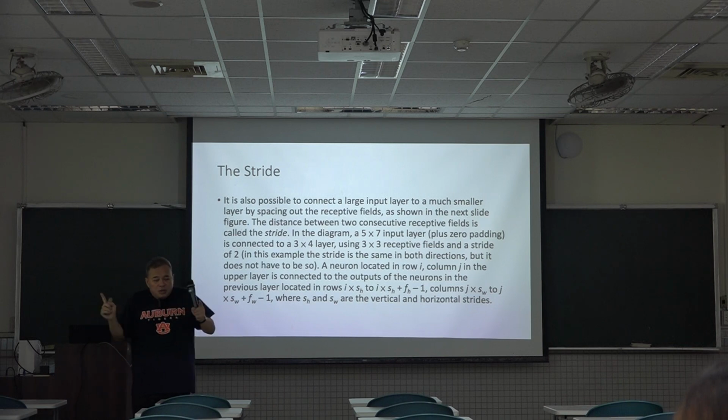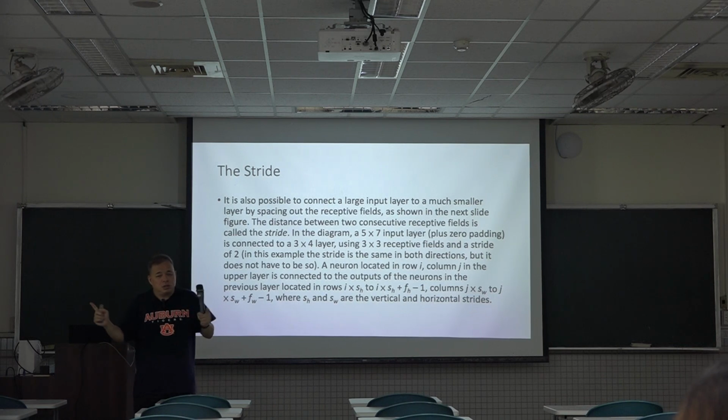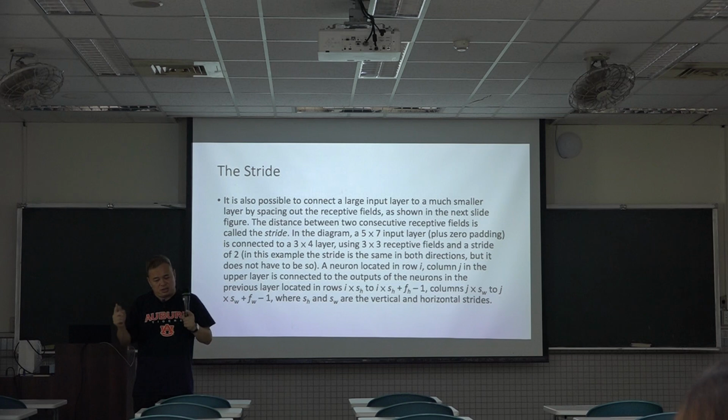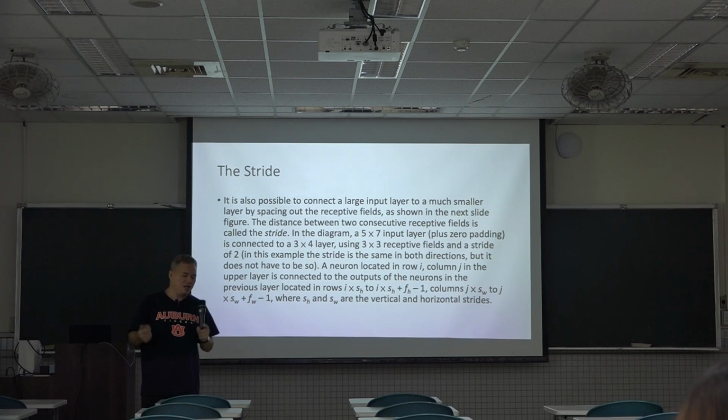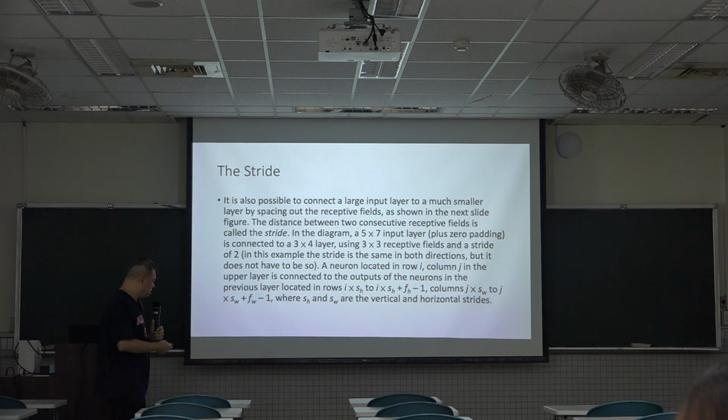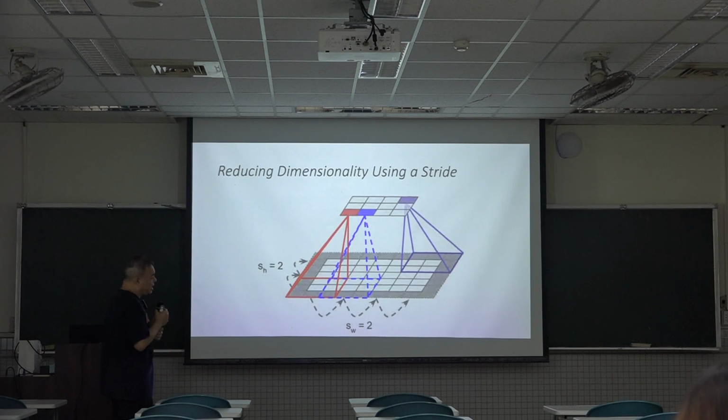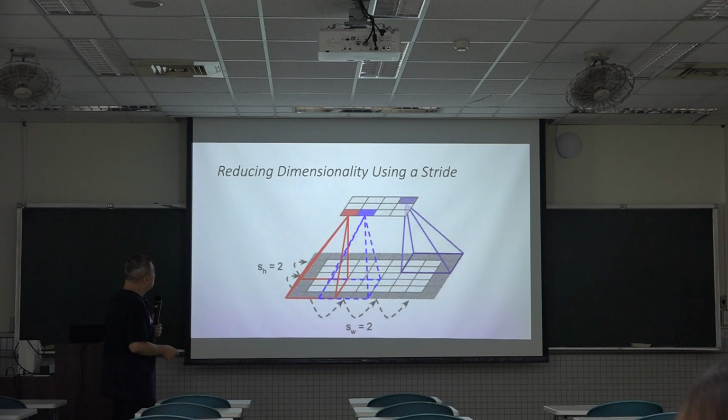Because you just need to know the range. The index is within a range, and that's the neurons in the lower layer for you. So this is why the receptive field is said to be rectangle.